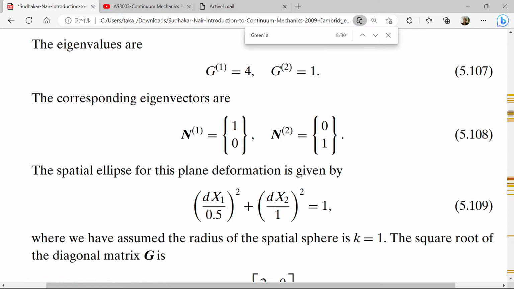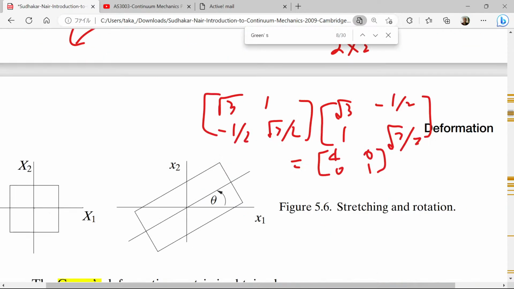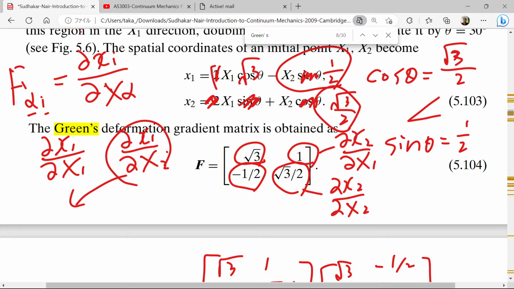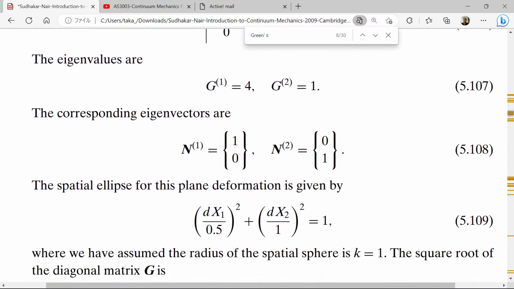Interesting. Spatial ellipse. Yeah, I think we have this. G. I think it was like this.